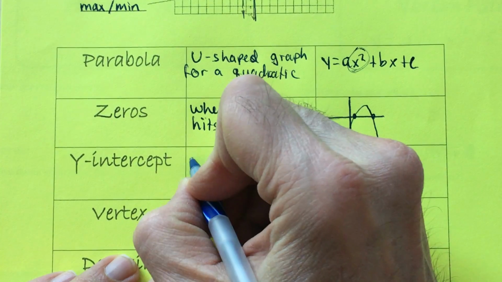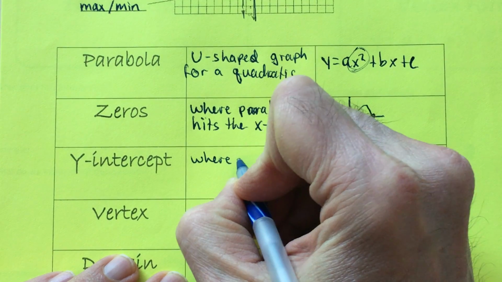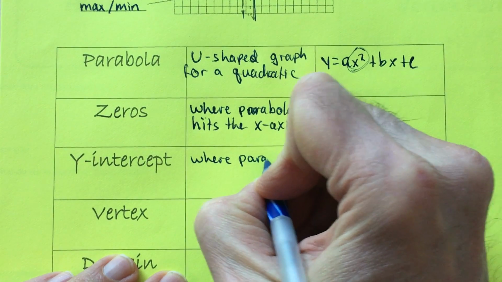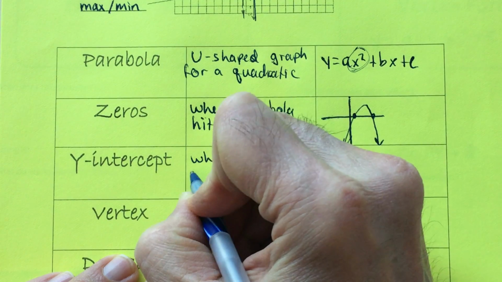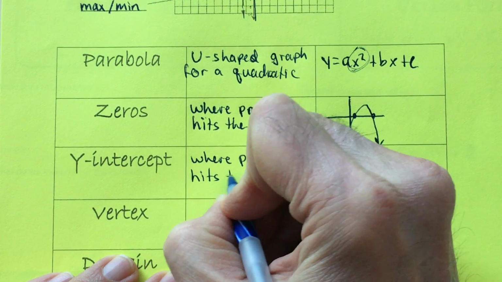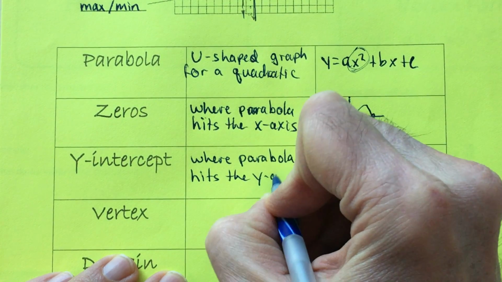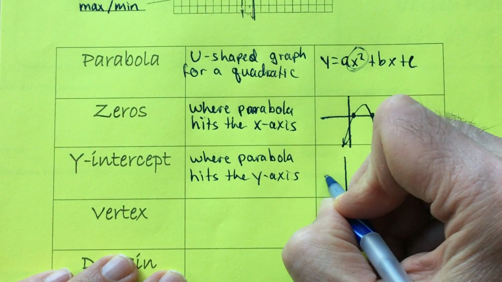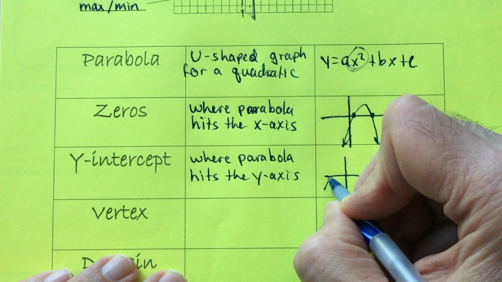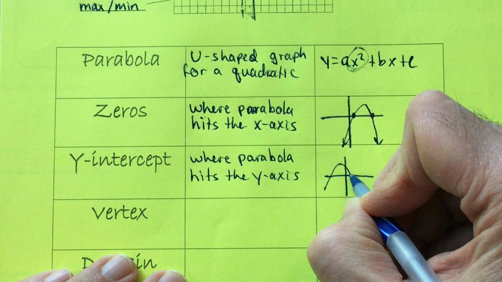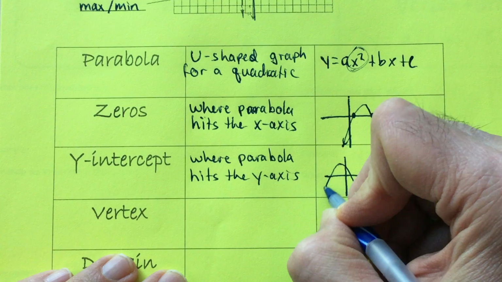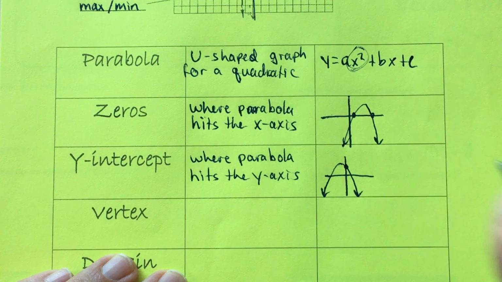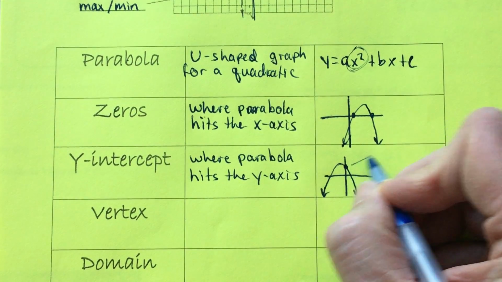The y-intercept is where the parabola hits the y-axis. That point right there.